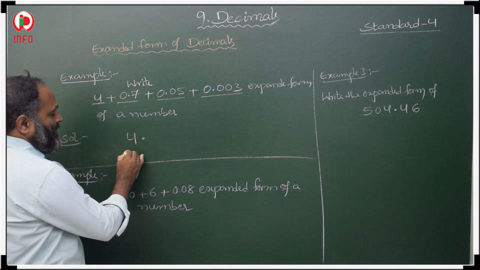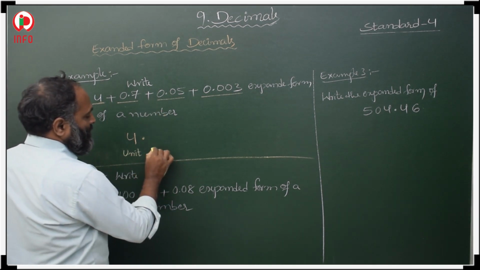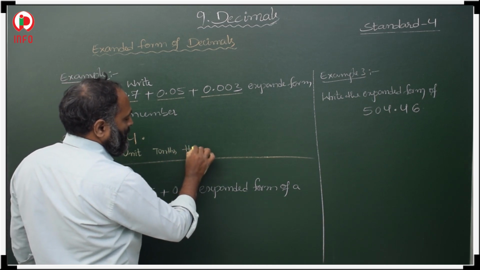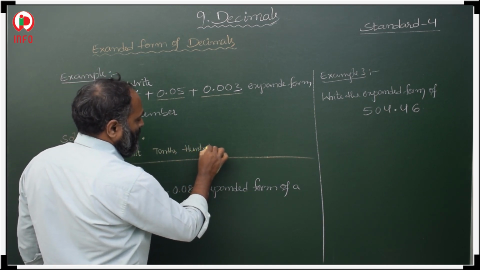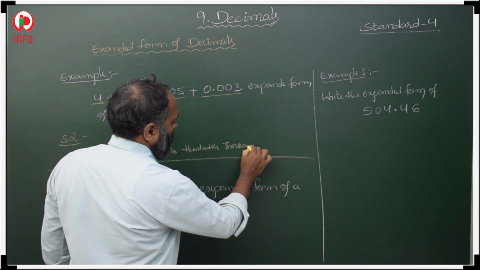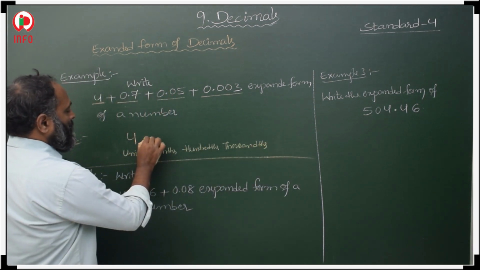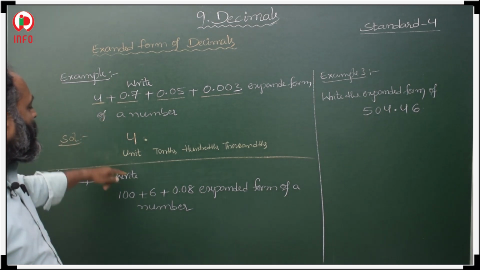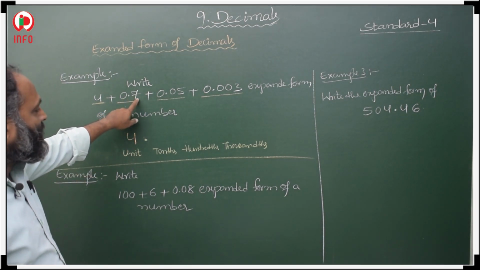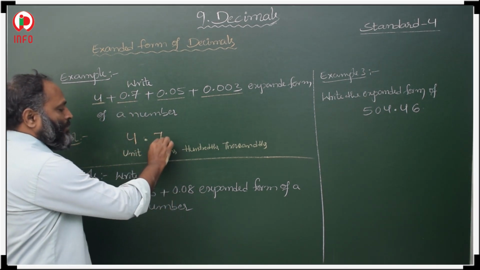Now the tenths place will come, then the hundredths place, then the thousandths place. So the units place is over, 4 in units place. In tenths place, 7 tenths. So the very next number is the tenths place. So 7 in tenths place.